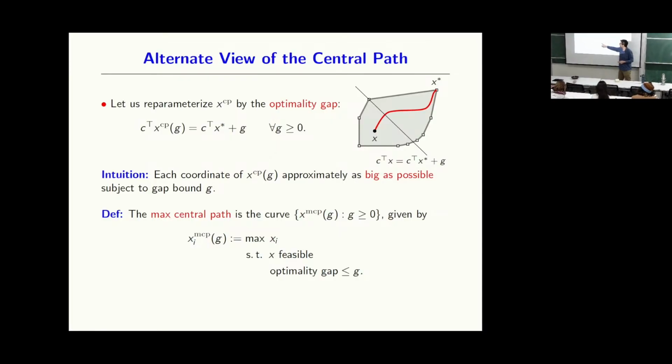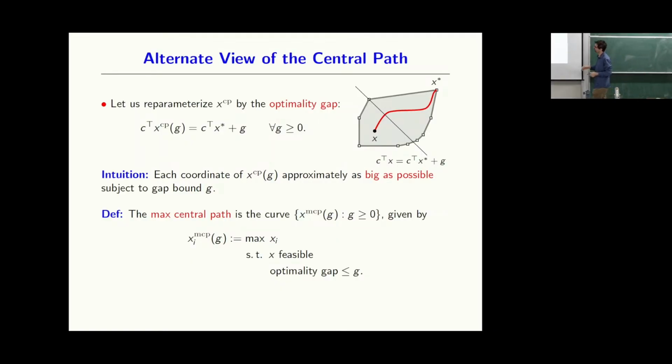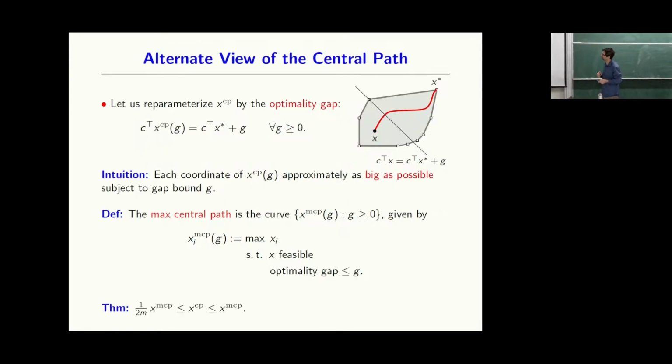In this context the inequalities are all of the form x_i greater than or equal to 0. How far away can I be from the ith inequality subject to a bound on the optimality gap? This is exactly how far I can be on the ith constraint subject to having optimality gap 5 or 10 or whatever. I plug that gap in here, and it tells me how big the slack on the ith inequality can be.